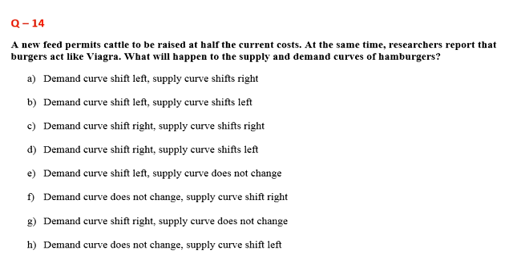At the same time, researchers report that the burger acts like Viagra, so the demand will go up as well. What will happen to the supply and demand curves of the hamburger? We have to look at both curves to see what happened.